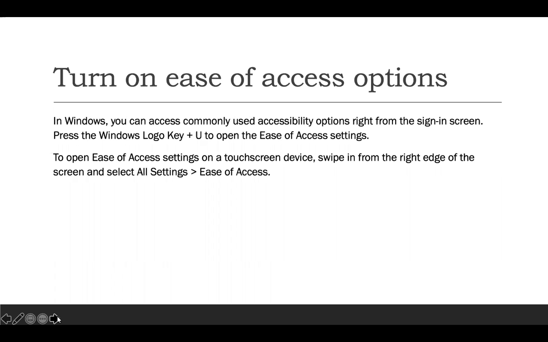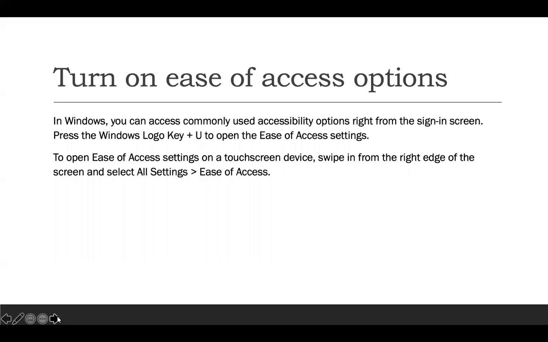Ease of access will give you things that you'll be able to manipulate and make easier for you or for the students. So they can adjust their display. They can adjust their mouse pointer, their text cursors.